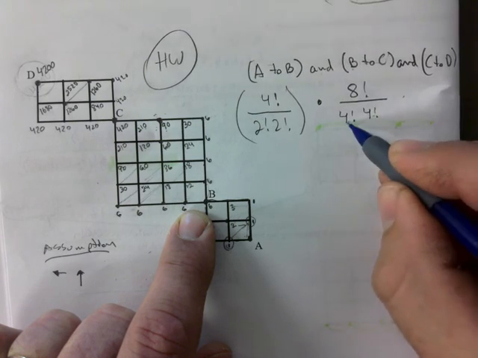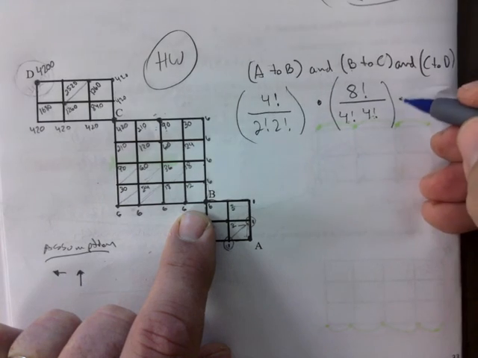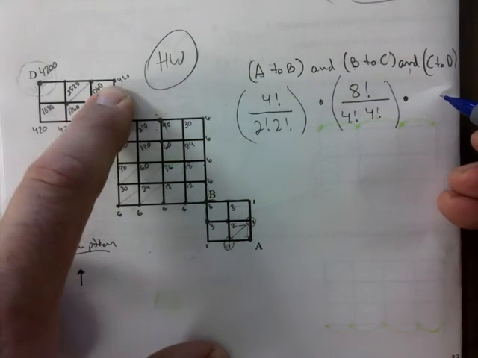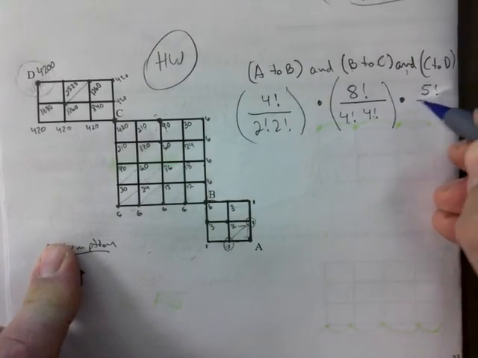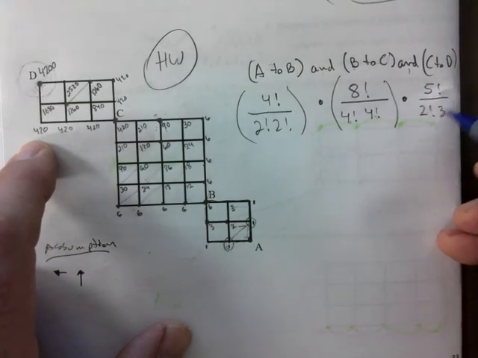And remember, these two should always add up to the top. And then from C to D, 1, 2, 3, 4, 5. 5 factorial. There are 2 vertical steps and 3 horizontal.